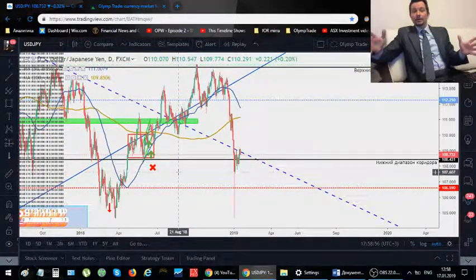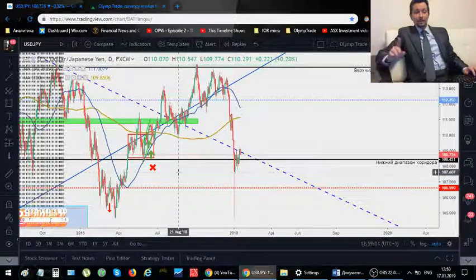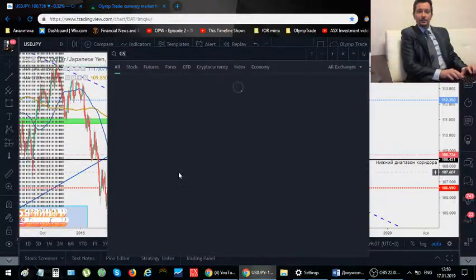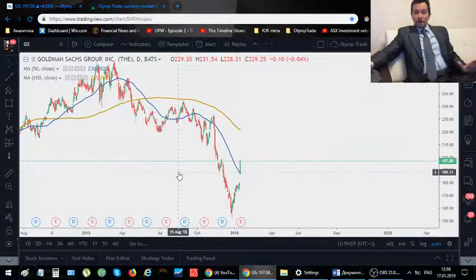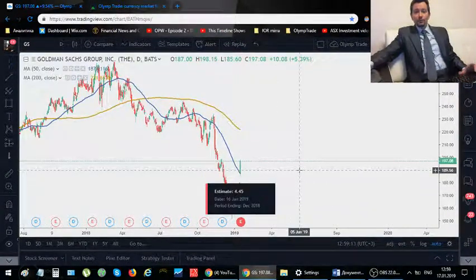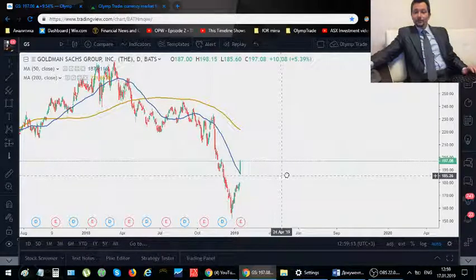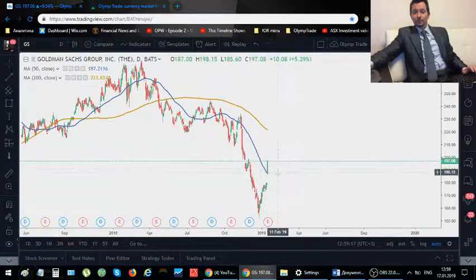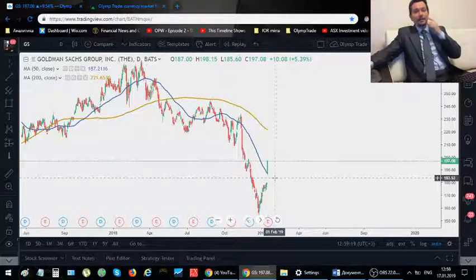Now, another happy, I guess, thing to talk about today is that the U.S. is going through earnings season, and some of the stocks that recently reported was Goldman Sachs. Now, you can see that they returned to a previous level and with a nice gap.